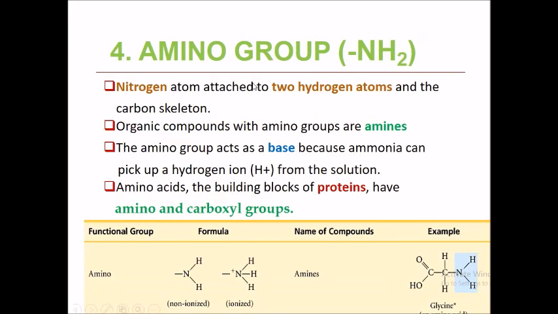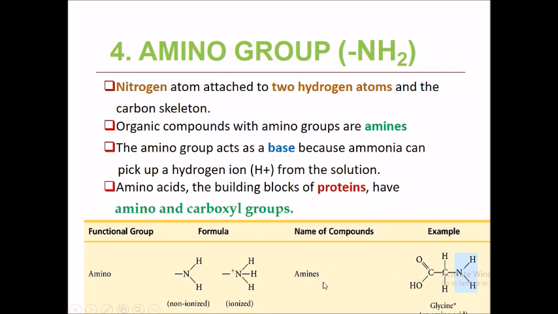Next is the amino group. The amino group is a functional group where, as you can see over here, the nitrogen atom is attached to two hydrogen atoms, and also attached to the carbon skeleton. The organic compounds that have this type of functional group are known as amines.